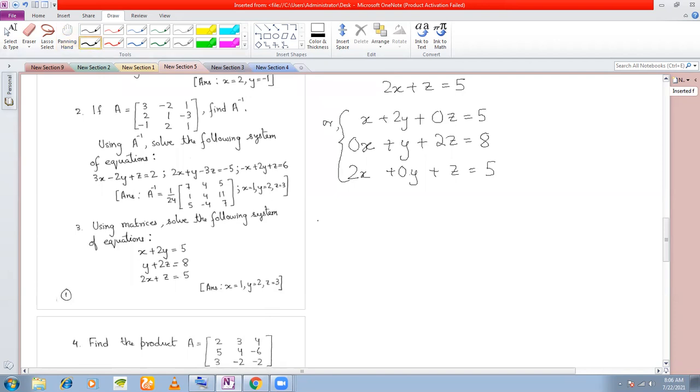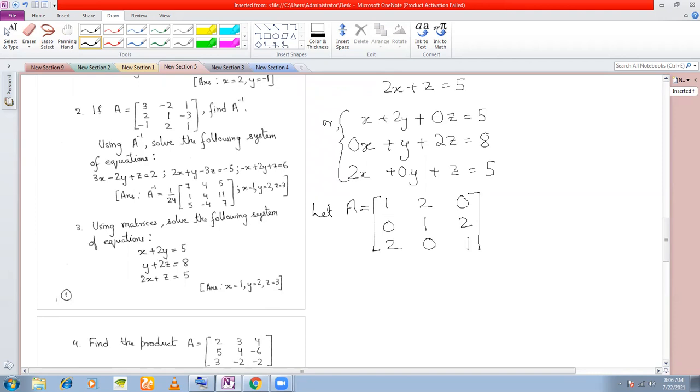Now we shall form the matrices. I say let A is equal to the matrix formed by the coefficients 1, 2, 0, 0, 1, 2, 2, 0, 1.